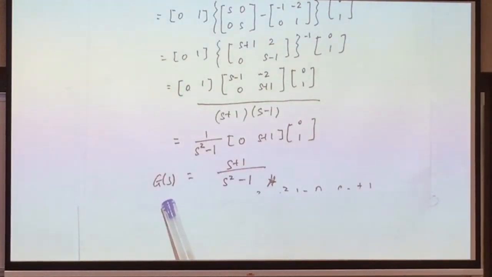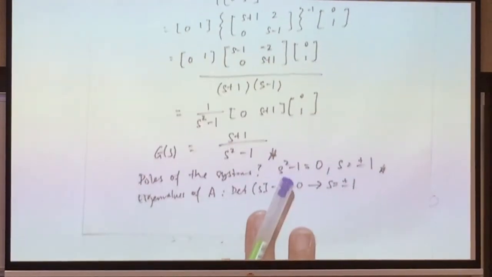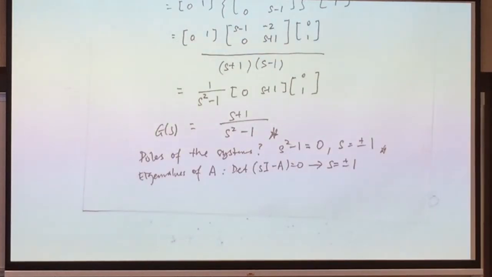Can you see that if you have the vectors and matrices A, B, C, D, you can find out what G(s) is from the state space model? Next, how is it related to what I was going to tell you? I asked you about eigenvalues and poles, and you said you don't understand. If you look from here, what's the pole of the system?